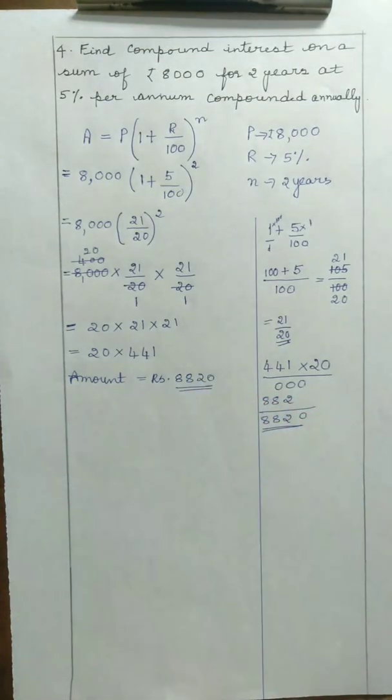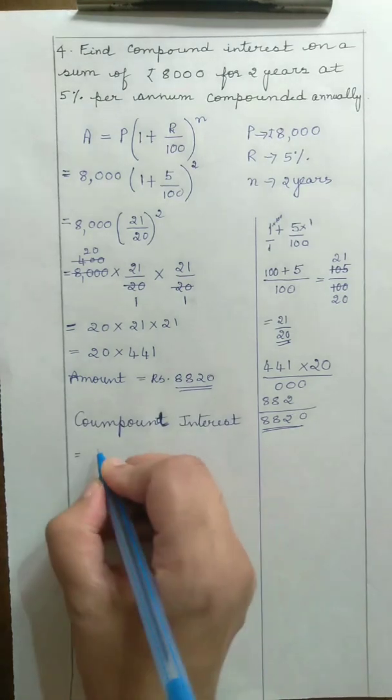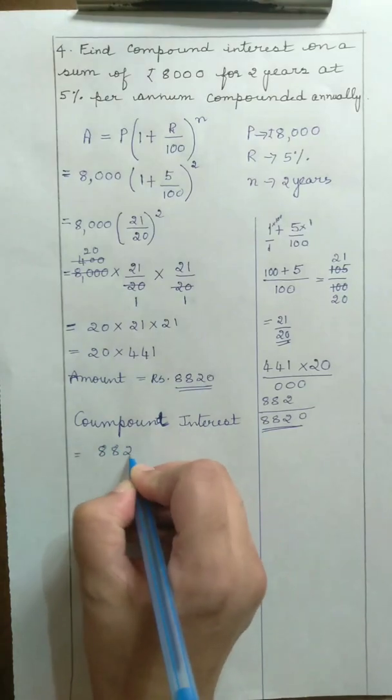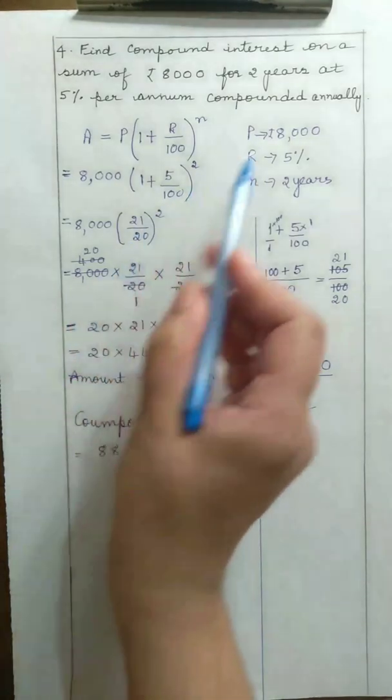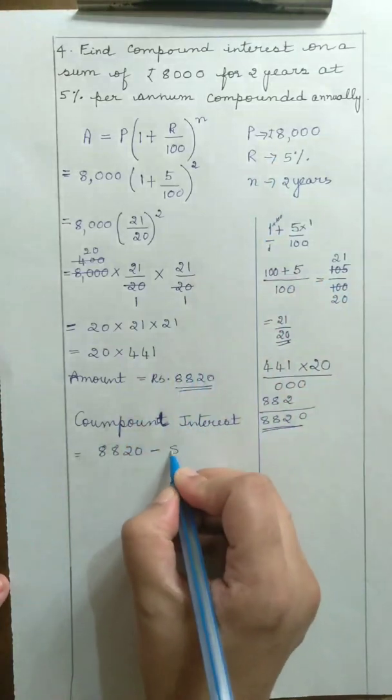So in the question, what we have to calculate, children, is the compound interest. To find out the compound interest, we should have the amount and the principal in the formula. Therefore, the amount, that is rupees 8820, minus the principal amount, that is rupees 8000.